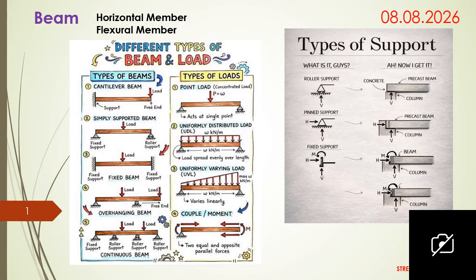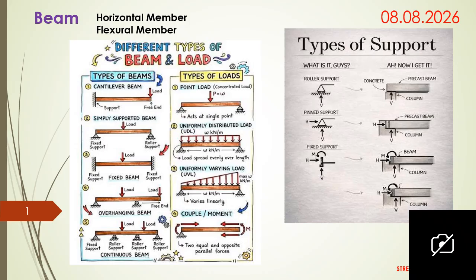Generally, we can call beam a horizontal member because of the position of the member. Also, we can say beam is a flexural member. That depends on the failure or load carrying capacity: flexural failure will occur in the beam.